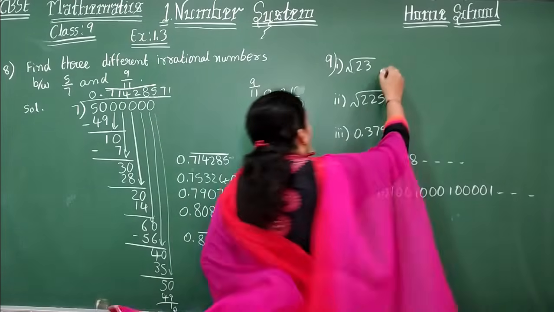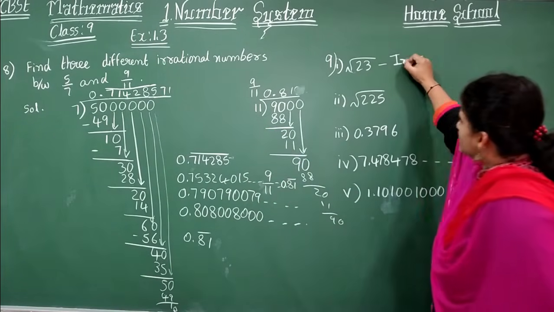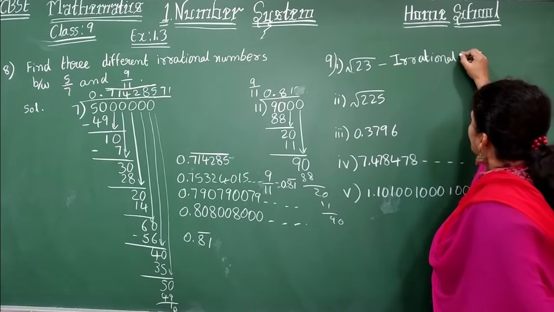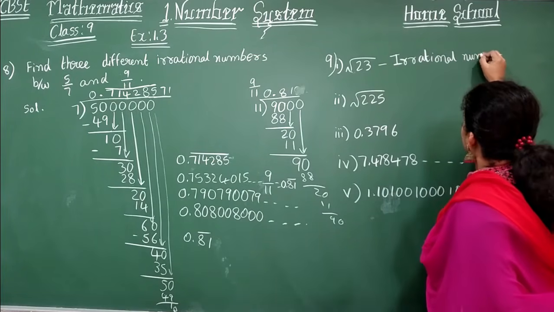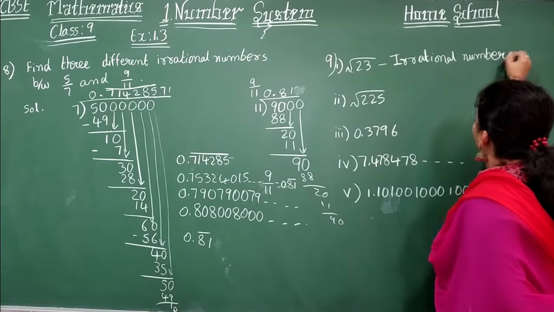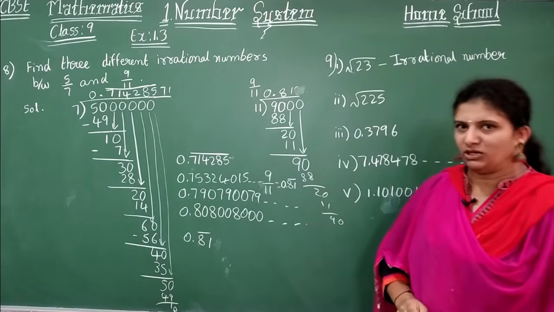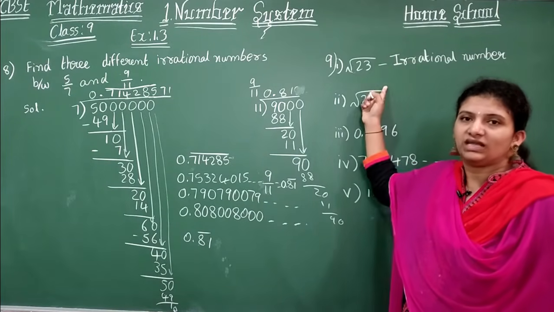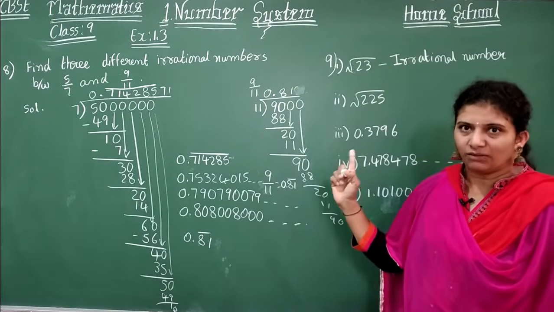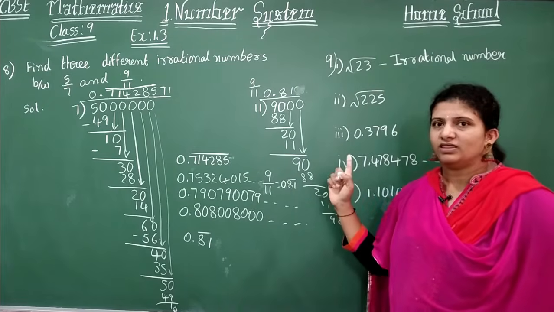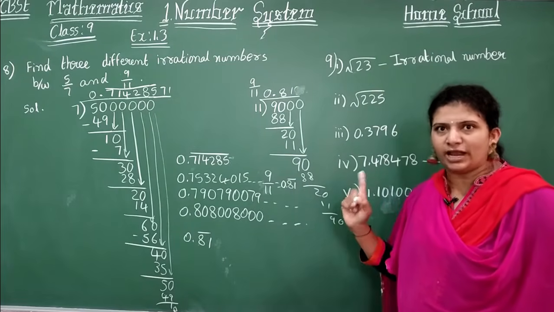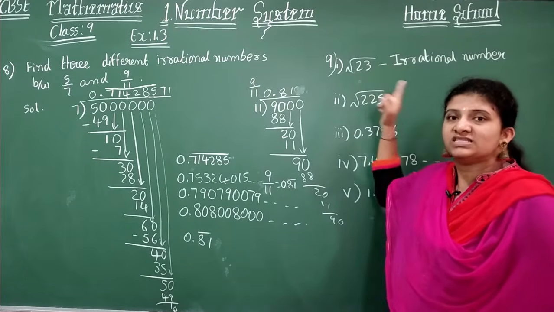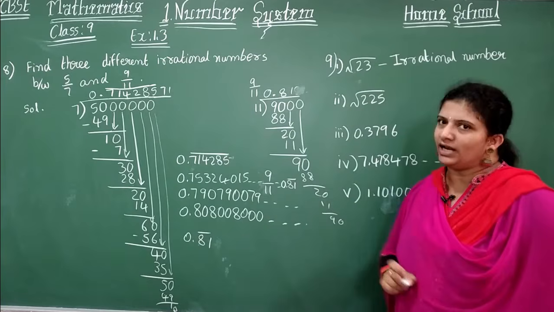Okay, so you write it here. This is an irrational number or irrational decimal. After you convert, you may get irrational decimal only. Suppose if you have root 25, root 25 can be written as 5. Then that becomes a rational number. If it is not a perfect square, then this becomes an irrational number.